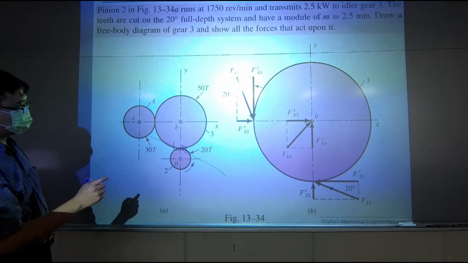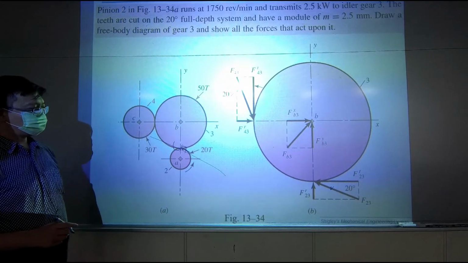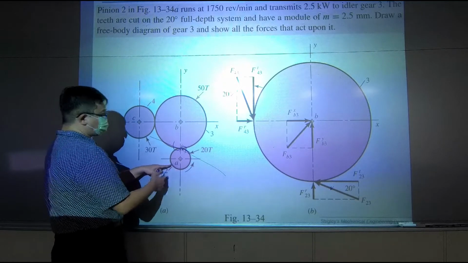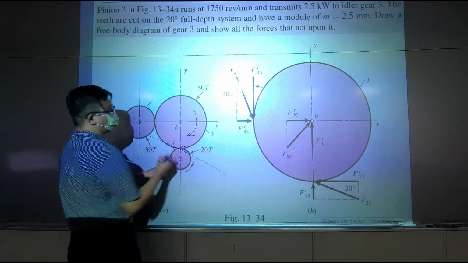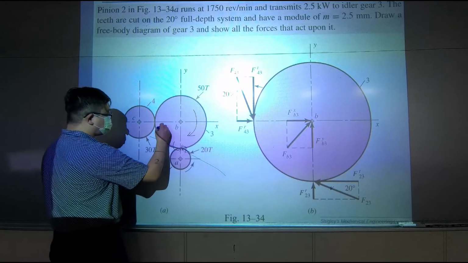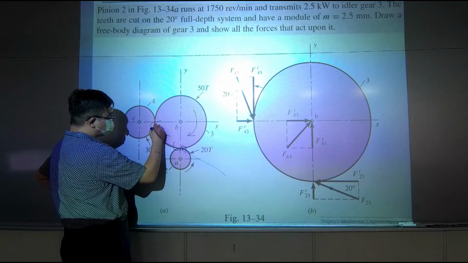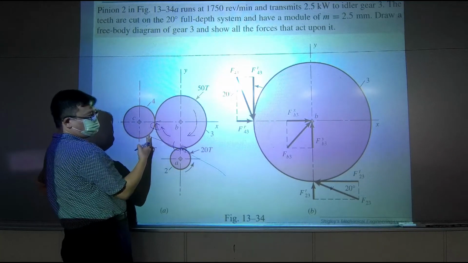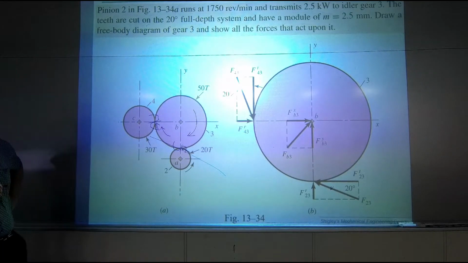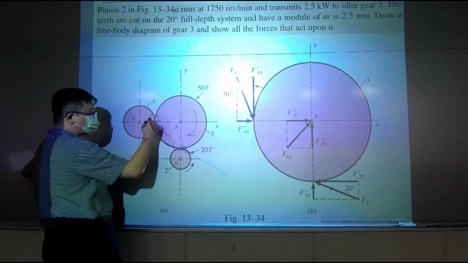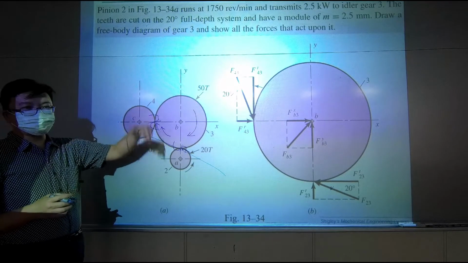Now we need to observe the relationship between B and C. Since gear A is rotating counterclockwise, gear B is rotating clockwise. Okay, it's rotating clockwise, so if there's a tooth right here, it's going up. And on the other side, gear C is holding the position and trying to push down.